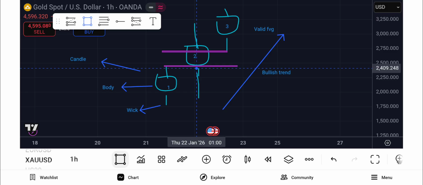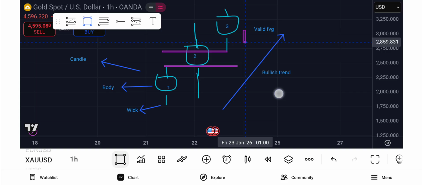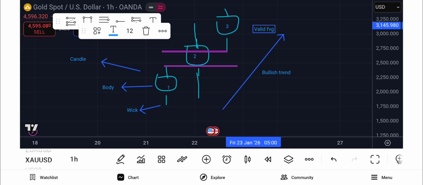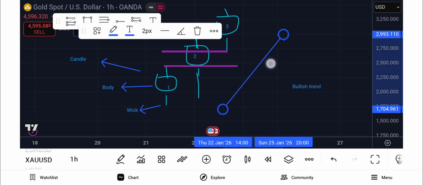and then you would basically wait for price, right? If it's a bullish, sorry about this.